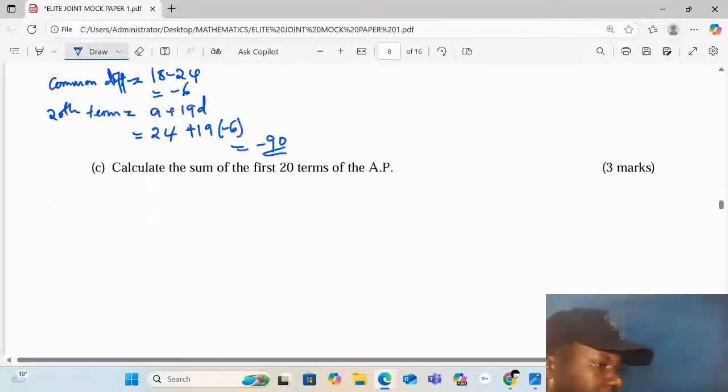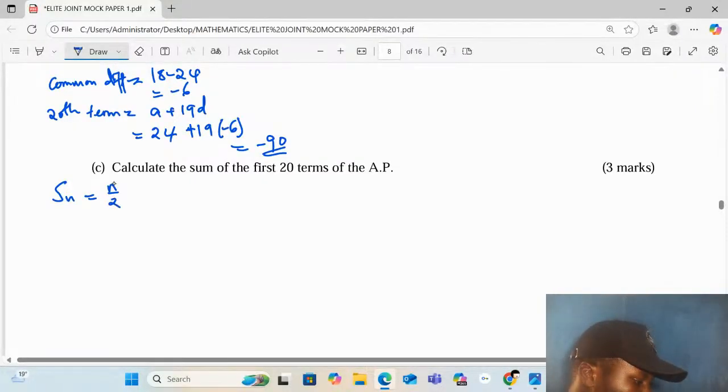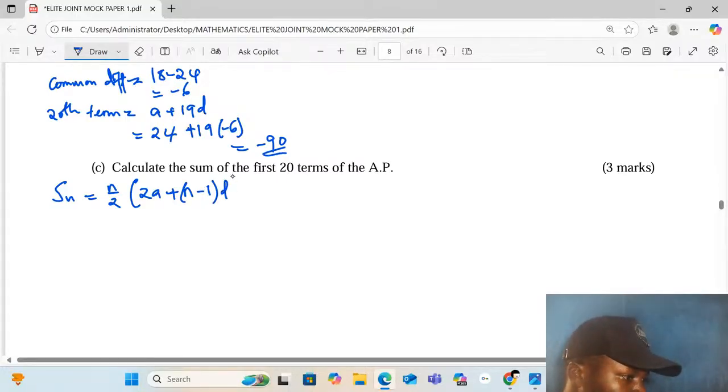You calculate the sum of the first 20 terms. So that one, you recall the formula. The sum is equal to n over 2, then into 2a plus n minus 1 d. So that was the formula.